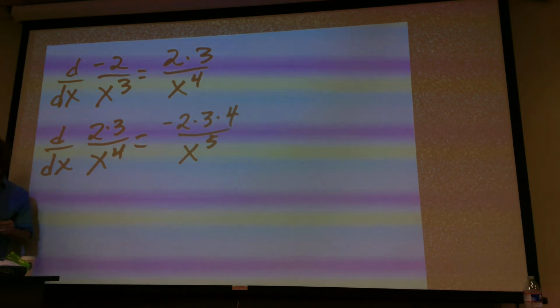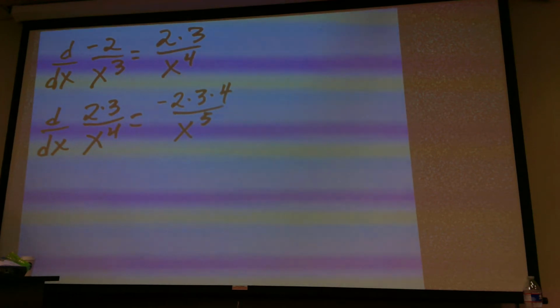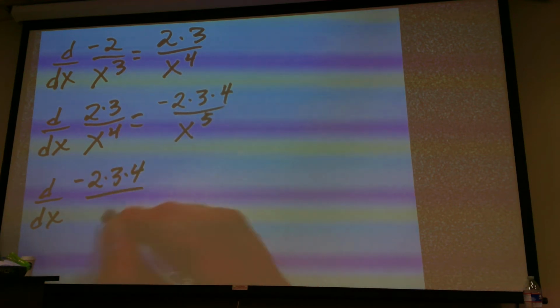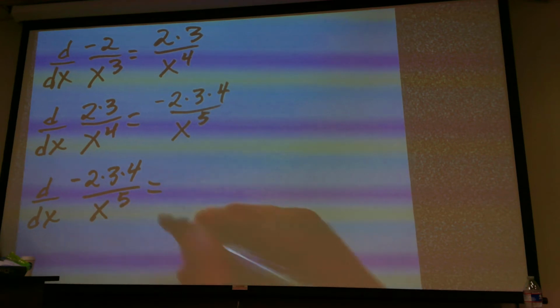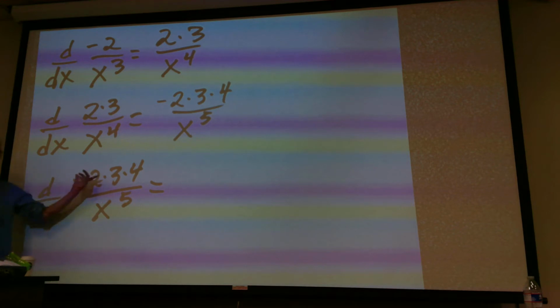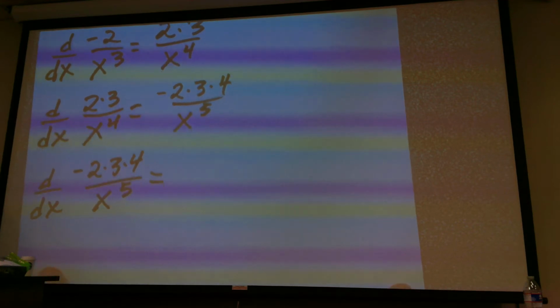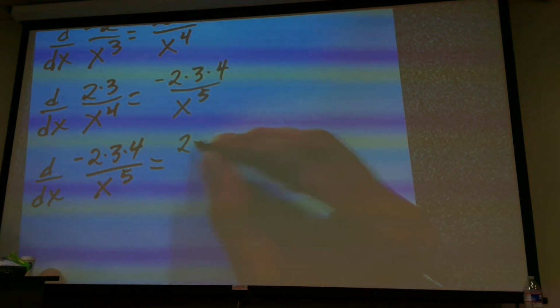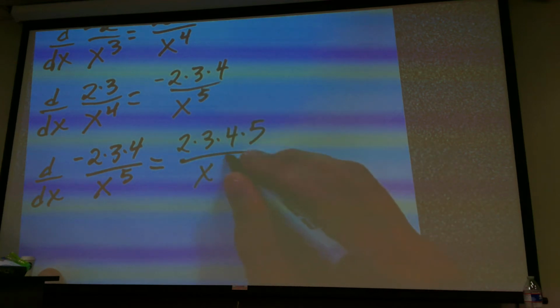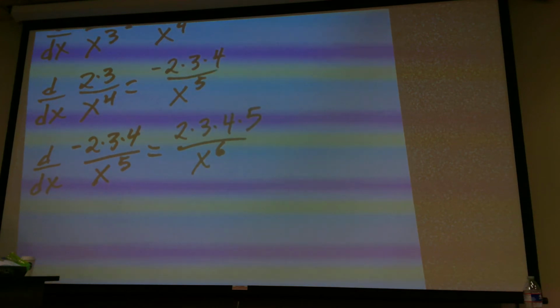Let's say if I did this again. Say negative 2 times 3 times 4 divided by x to the 5th. Okay. Now this guy is going to spit out a negative 5, and it's going to drop it down to negative 6. So the negative 5 is going to cancel out that negative sign, so that's going to be 2 times 3 times 4 times 5 divided by x to the 6th.